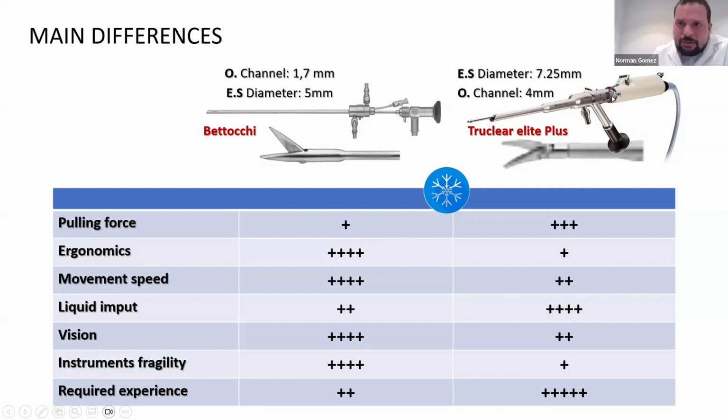But these instruments require, in my opinion, more experience because you add other problems during the surgery. When you activate the blade, the uterine cavity suddenly collapses because of the suction created by the blade. But with experience, you can approach this without problem.